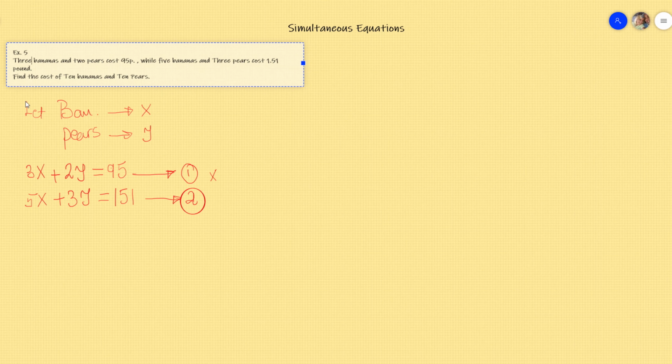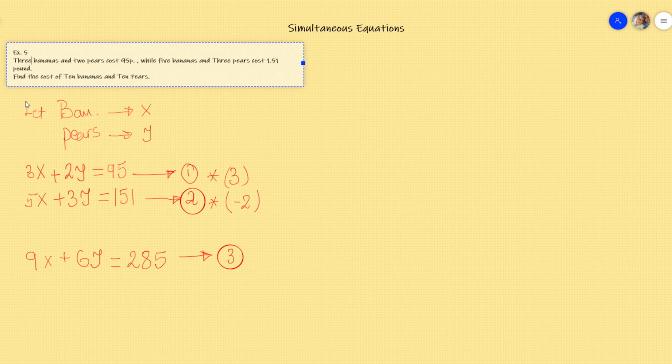So by multiplying the first equation by 3 and the second equation by negative 2, so 3 times 3x is 9x plus 6y equal 285, and this will be equation number 3.